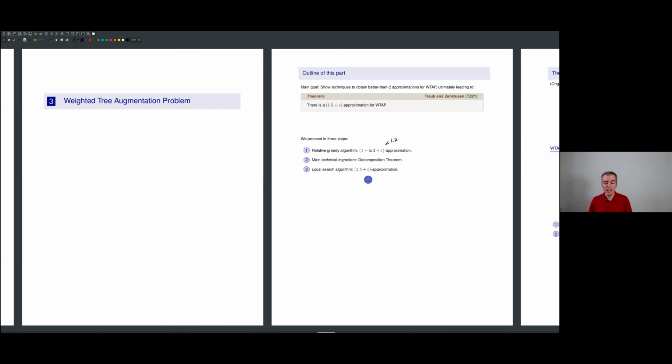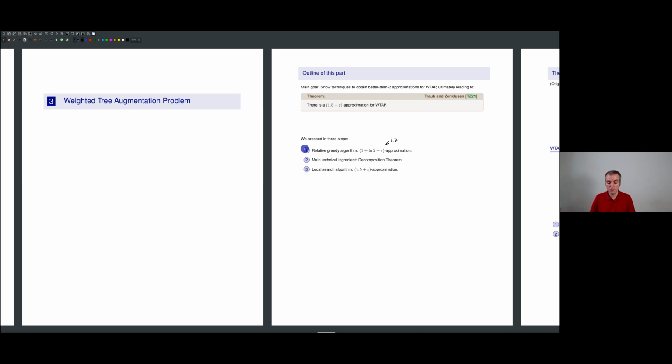This idea of having the relative greedy first, and then improving with the local search procedure, turned out to be applicable beyond TAP. We'll mention that at the end: one can get an algorithm for the Steiner tree problem that matches the currently best procedure, which is a ln 4 approximation, ln 4 plus epsilon to be precise.